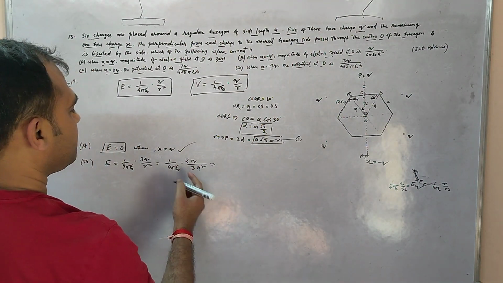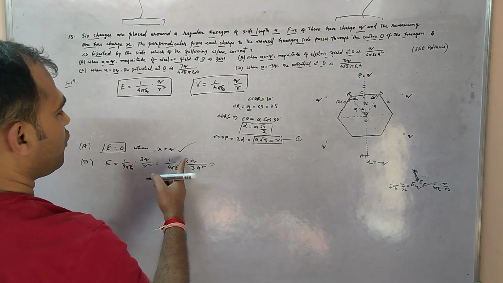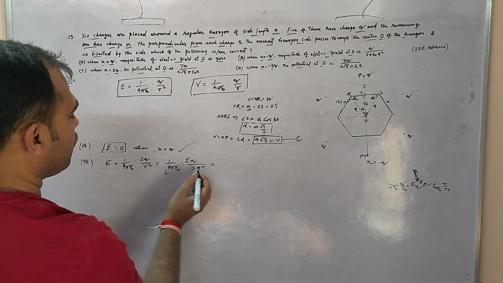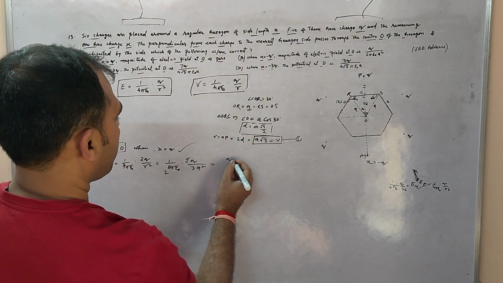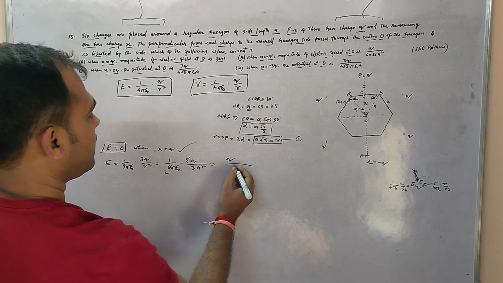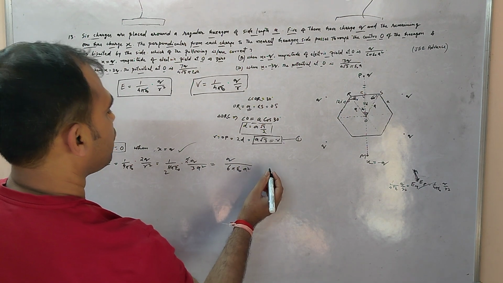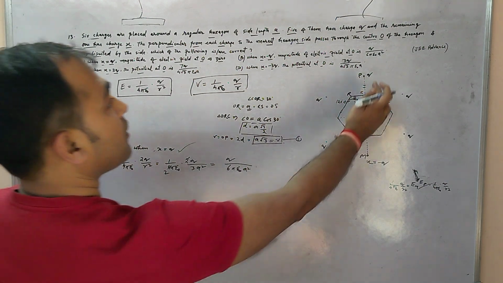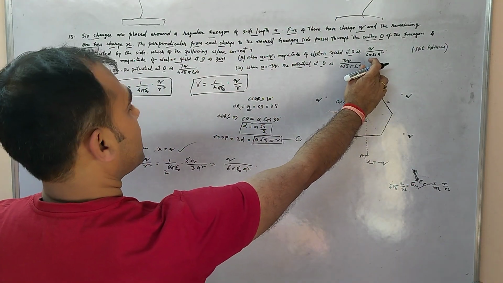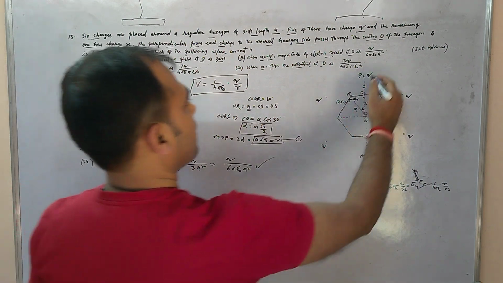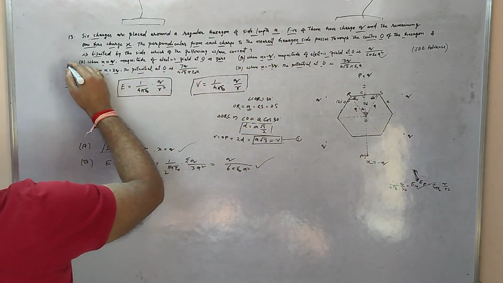This will become 2. So q upon 6 pi epsilon naught a square. Here it is given q upon 6 pi epsilon naught a square. So this is also correct. So both A and B are correct.